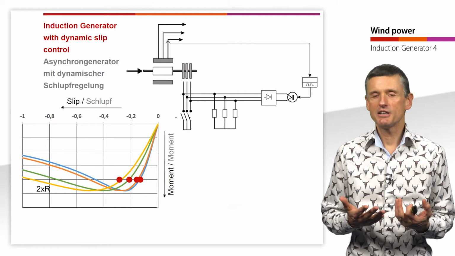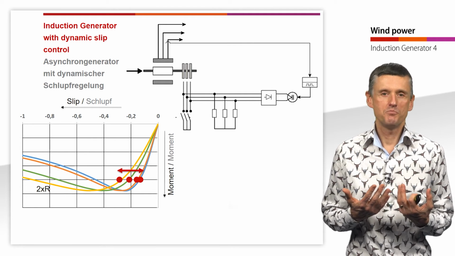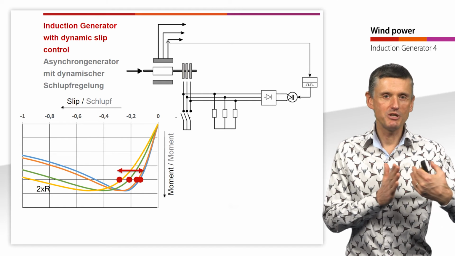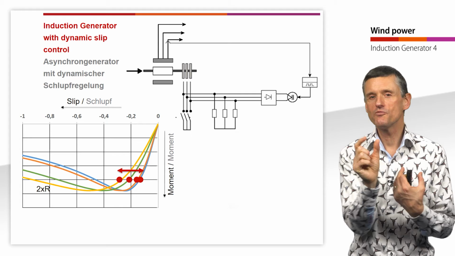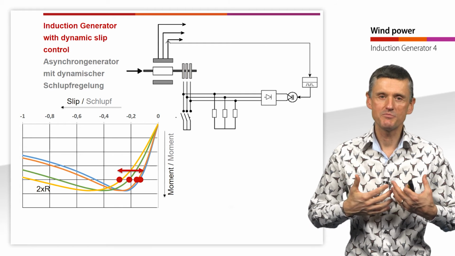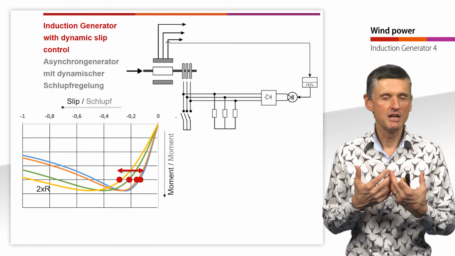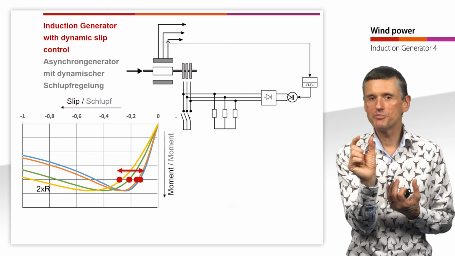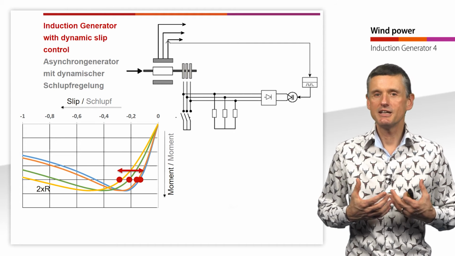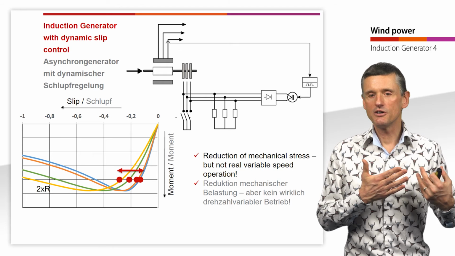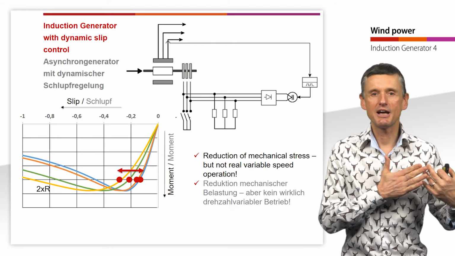And that means we can realize a variable speed operation, but only in a very small part. It's not a real variable speed operation to maximize our energy output, but it's a small variability we can reach that can react dynamically on very hard wind occurrences like a gust.